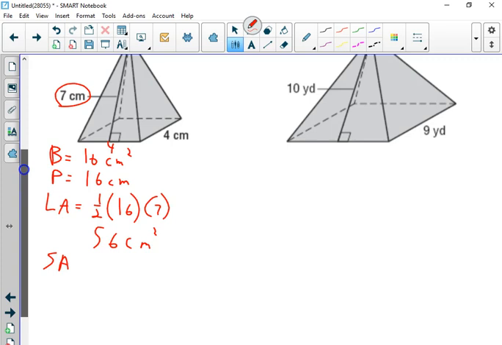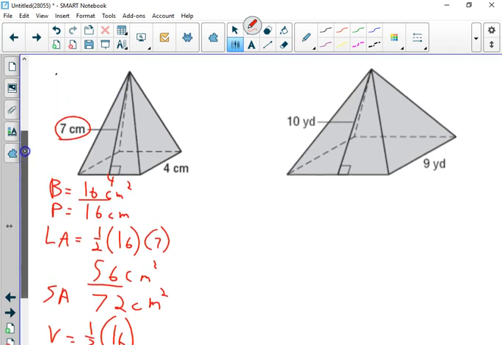The surface area is going to be that plus this. 56 plus 16, so that's 72 square centimeters. And then the volume is just 1/3 the area of the base, which we said is 16, times the height, which we don't have, which we need to calculate.